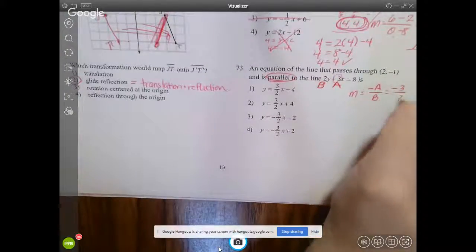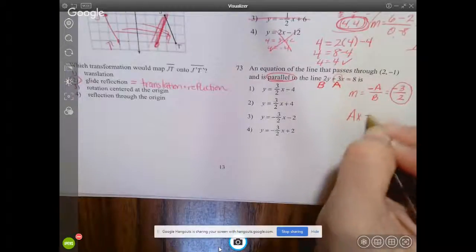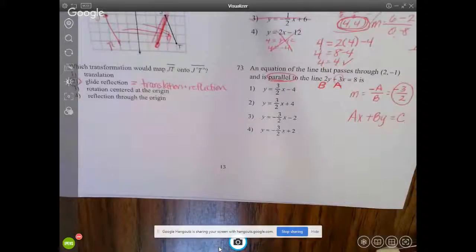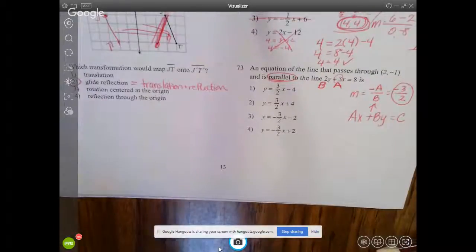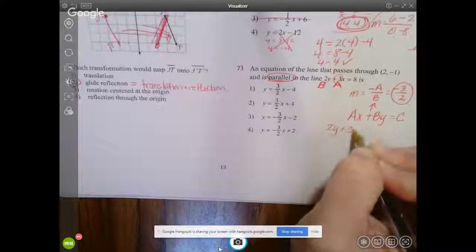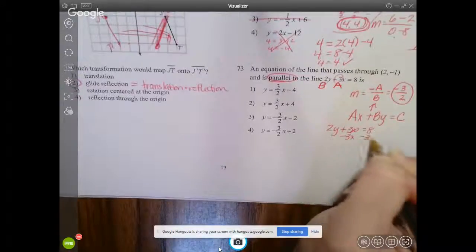The formula is Ax plus By equals C, and A is always touching the x, B is always touching the y. Is that also the slope formula? Yes, that's another formula you can use. I showed it to you one day. The other way you could get the slope is to do it how we always do it, which is we subtract 3x from both sides.